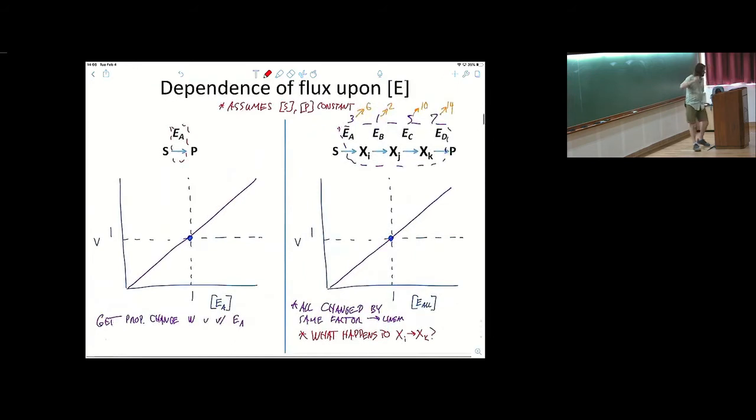So if you double the enzymes, you've doubled the flux, do the intermediate concentrations double? More than double? Less than double, but increase? Stay the same? Go down by half? That's interesting, right? But they're all moving faster, right? So this is a little bit more tricky.